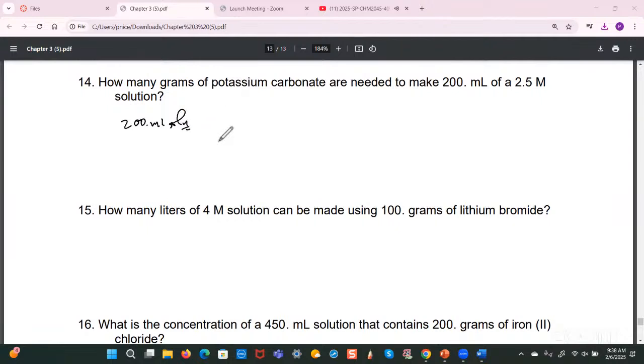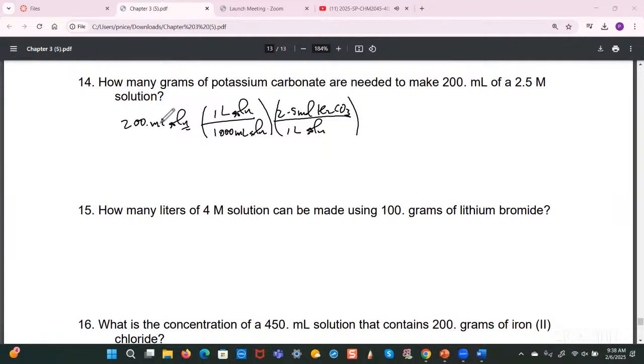And I will convert that to liters. 1 liter of solution for 1,000 mL of solution. And then I will multiply that by the molarity, which would be expressed as 2.5 moles of the potassium carbonate over 1 liter of the solution.